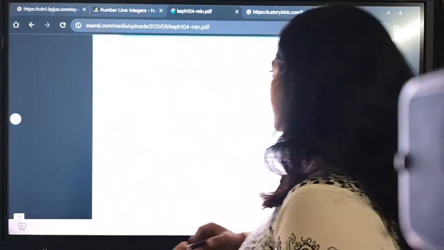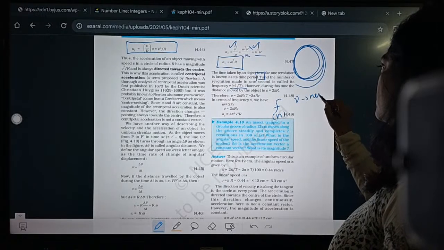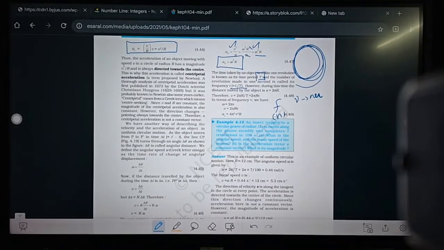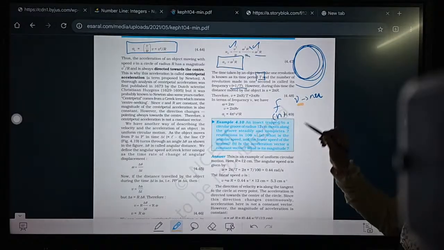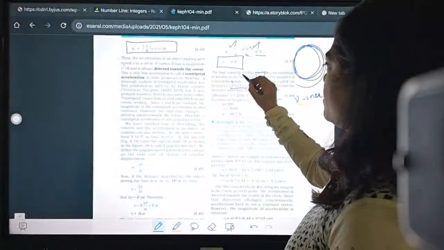So 1 by time period is frequency. In your book, frequency is sometimes given as F, sometimes as N, sometimes as nu. So nu is equal to 1 by T.